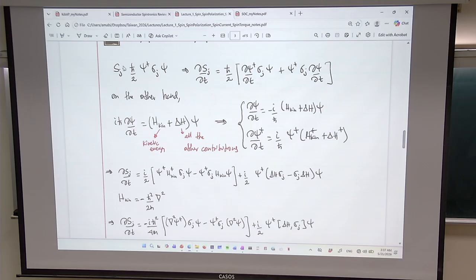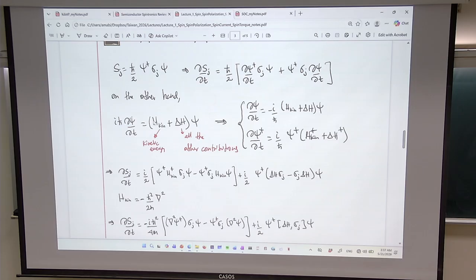Now, if we calculate the derivative with respect to time, well, we'll get this expression here, right? Now, what we have here is the derivative of the wave function, and this derivative with respect to time of the wave function, we can get from the time-dependent Schrödinger equation. So the time-dependent Schrödinger equation will be this equation here, and I'm dividing the kinetic part plus everything that is not kinetic, okay?